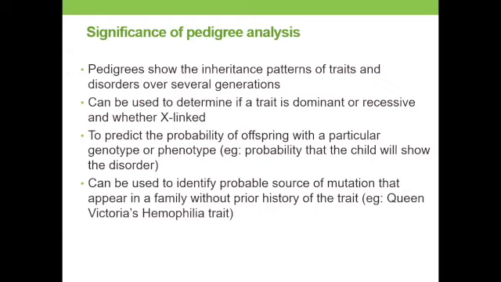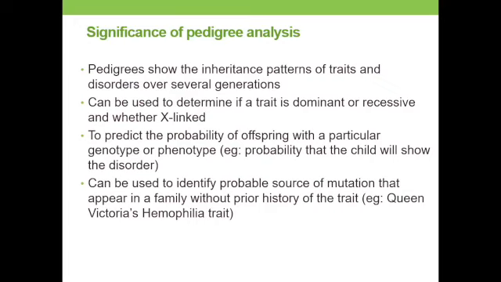So in this lecture, we are going to learn about inheritance patterns in humans and particularly sex-linked inheritance patterns. And in another lecture, or in the second part of this lecture, we will learn about inheritance of autosomal traits in humans.